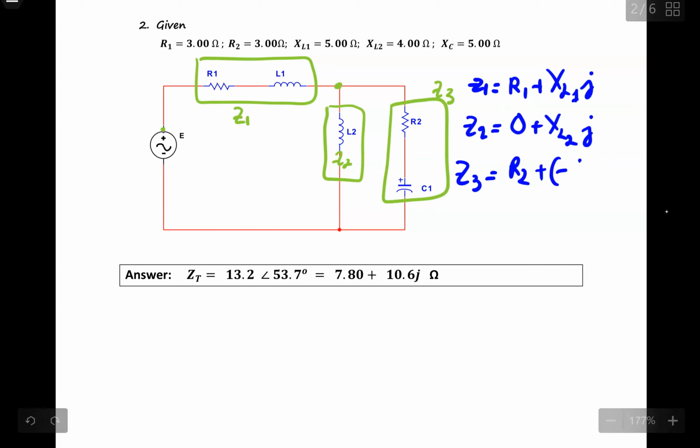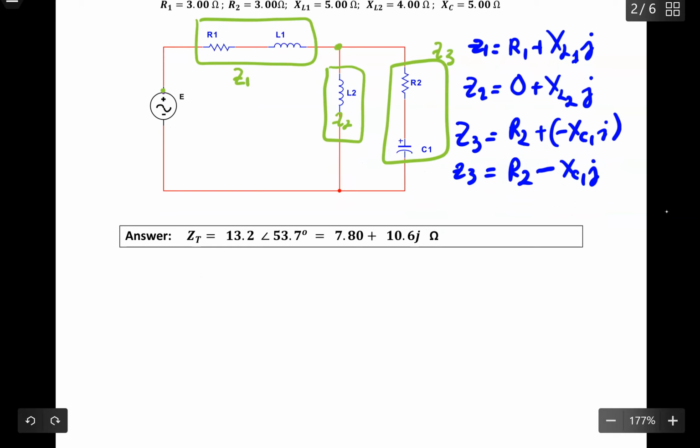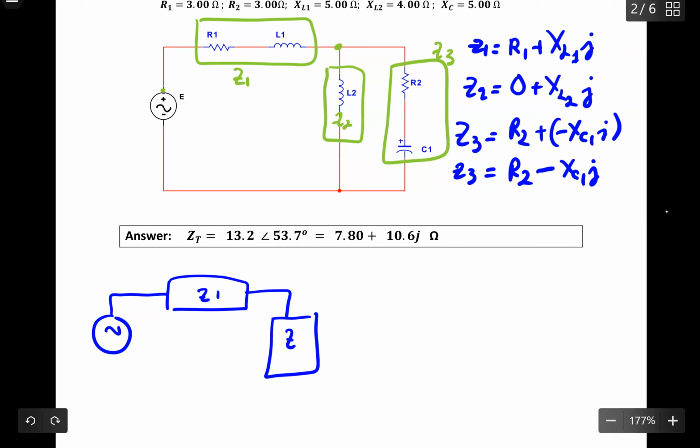Analyzing this and drawing the simple impedance diagram, this is my Z2, this is my Z3.